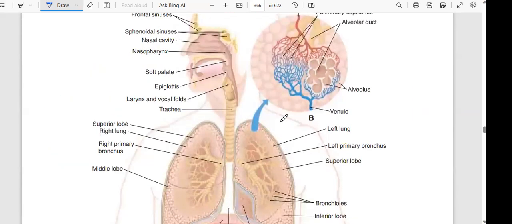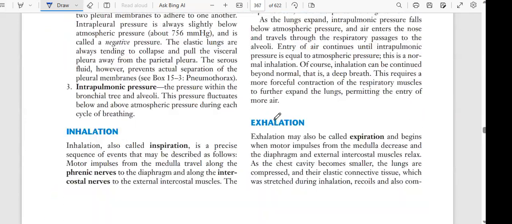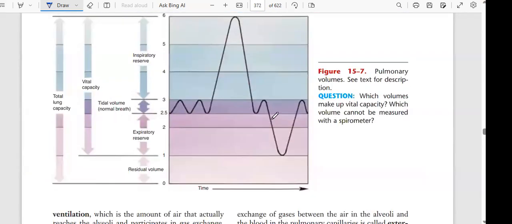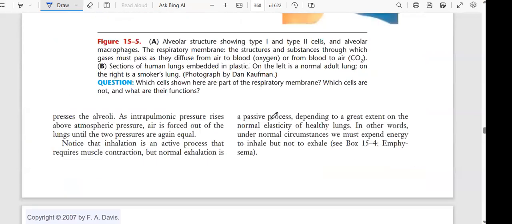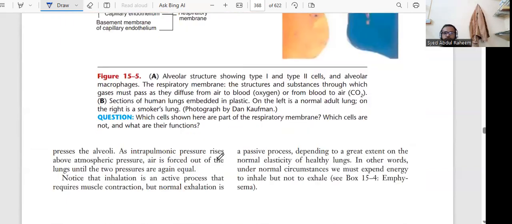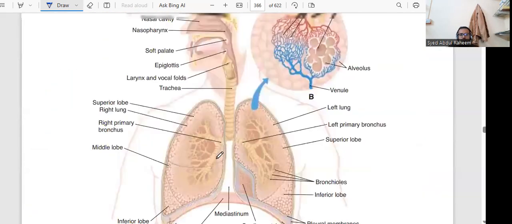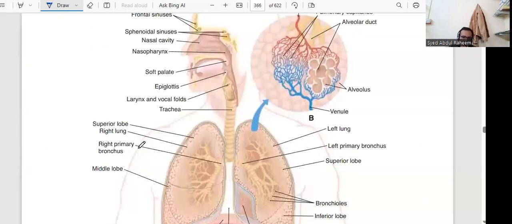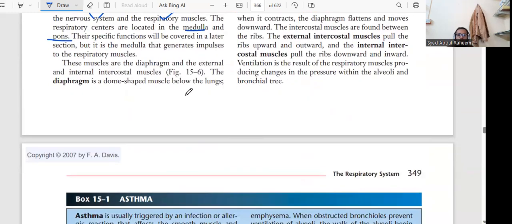So where are the respiratory centers? In the medulla and pons.